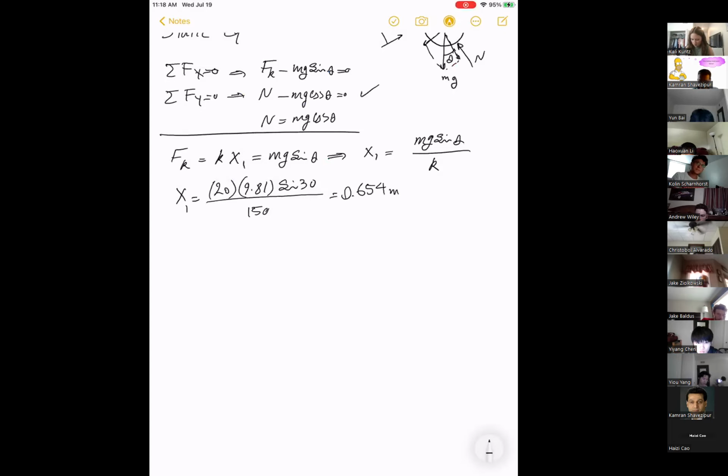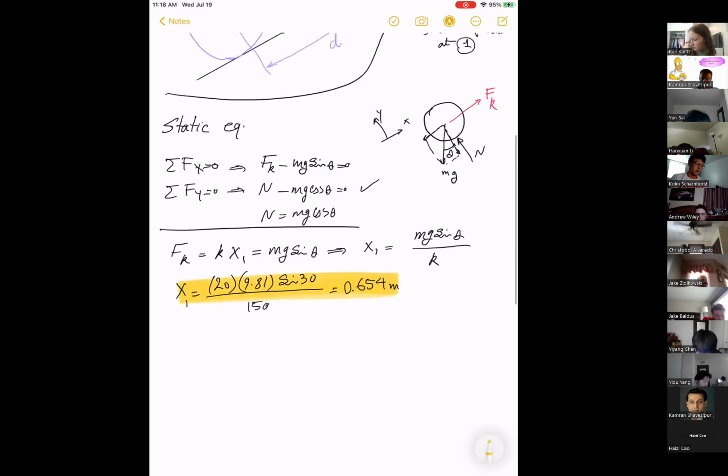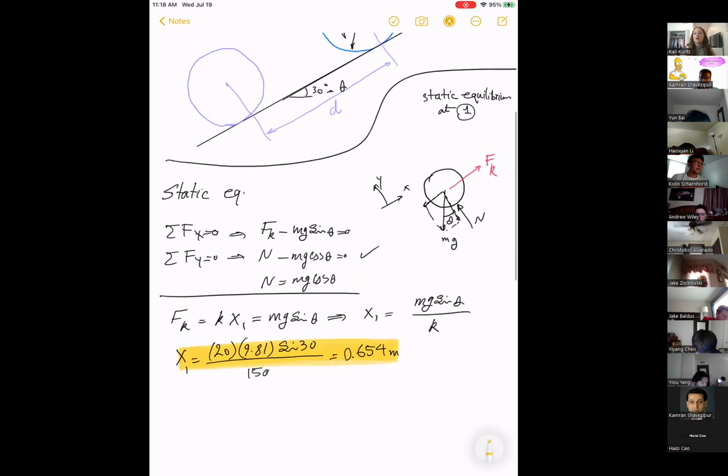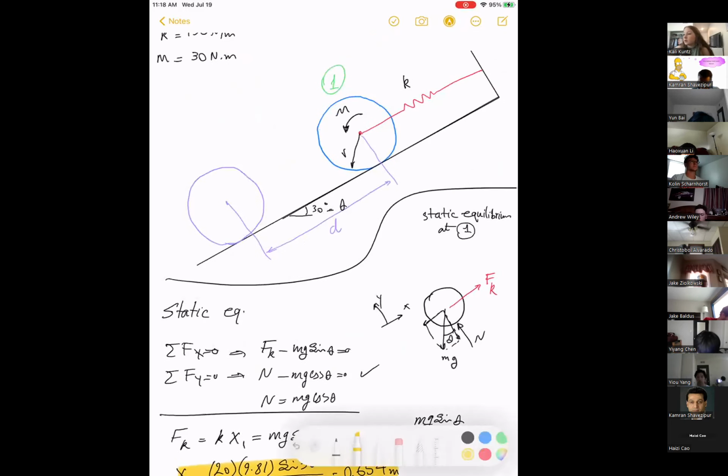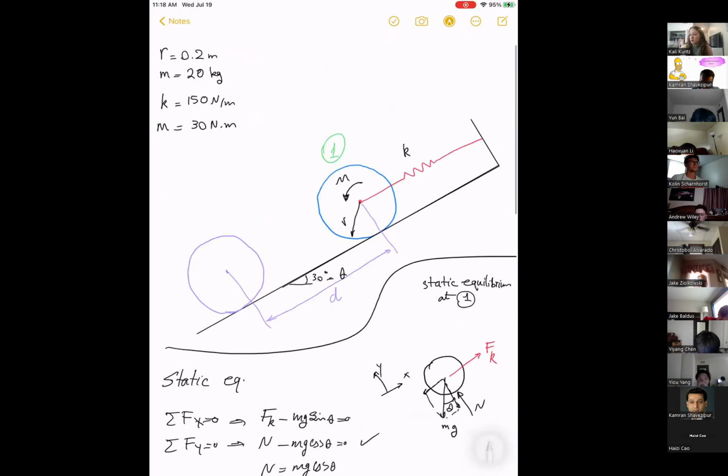You guys get the same number? So I did the static part just to find out my x1, because I need this in my energy equation. Okay? Any question? This is like a simple problem from the statics course. You have just a spring holding a disk, 3 forces, you just add them up and get that. Now, let's move this down so I can continue with this.